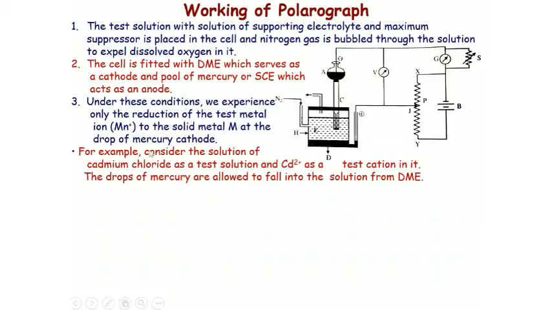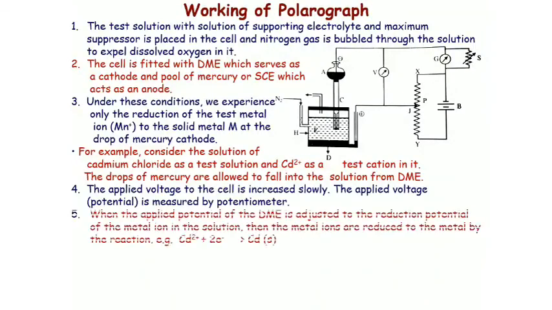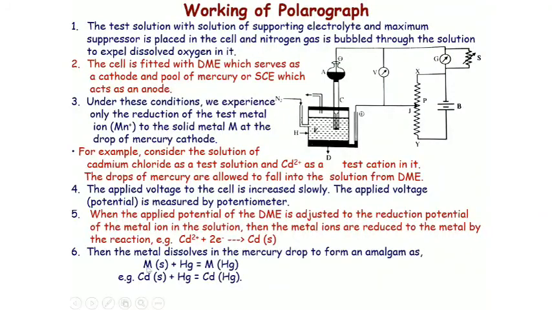If we take a solution of cadmium chloride as a test solution, then Cd2+ ions get reduced at mercury to form cadmium metal, and after that this cadmium metal is dissolved into the mercury to form metal amalgam. This reaction shows the formation of metal amalgam. First reduction takes place, then formation of metal, and then that metal is dissolved into the mercury to form metal amalgam.